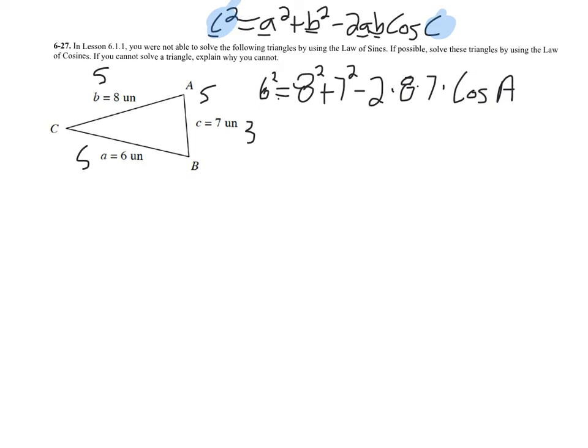Six squared is 36 equals, and again emphasizing, do all of this as one step, this as a second step. 8 squared plus 7 squared is 113 minus 2 times 8 times 7 is 112 times the cosine of A. Now subtract the 113 from both sides.